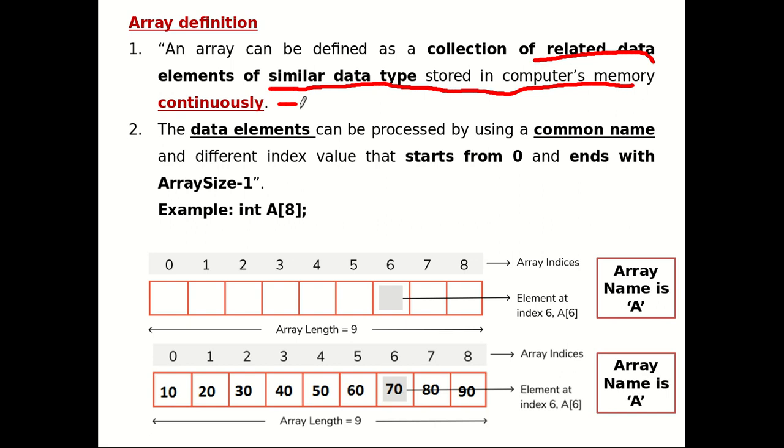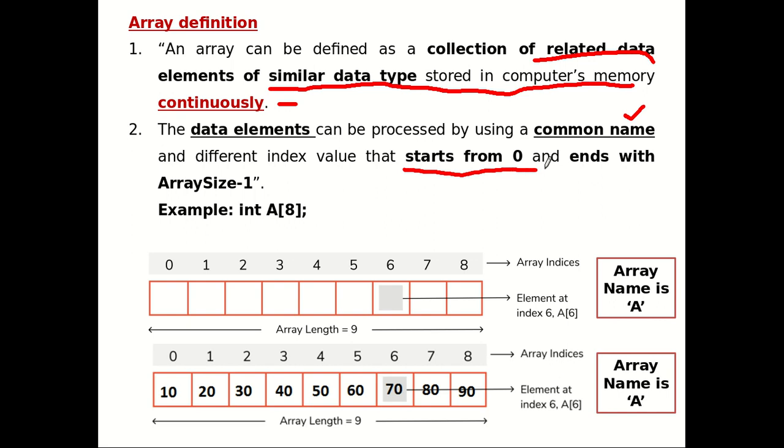Whenever we declare an array, it means that we are handling similar type of data, and we are storing the information in a contiguous manner. Here the data elements can be processed by using a common name. Every data item which is stored in an array is accessed or represented by using a common array name. Only indexes can be changed.